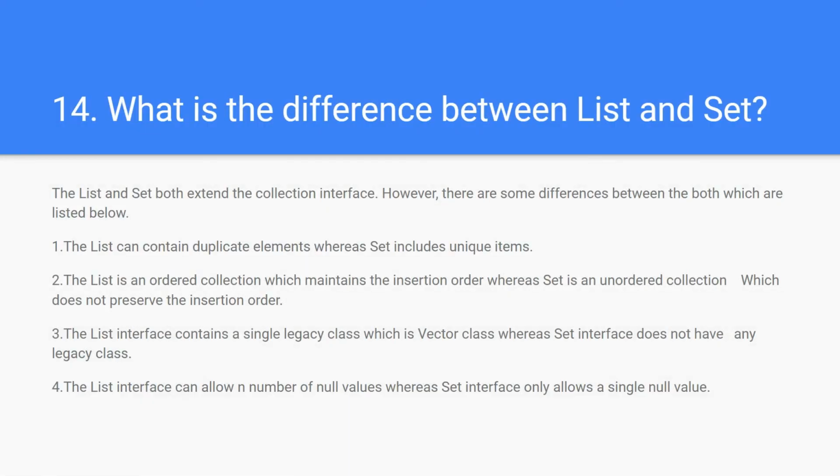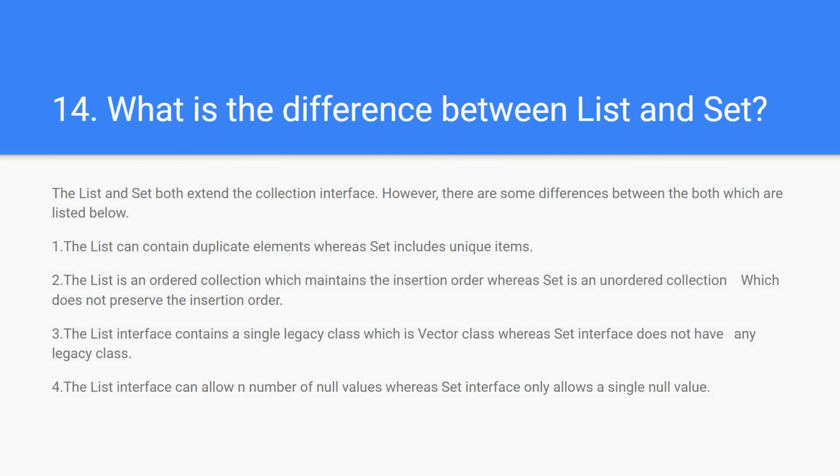What is the difference between List and Set? The List and Set both extend the Collection interface. However, there are some differences between them which are listed below. The List can contain duplicate elements whereas Set includes unique items.